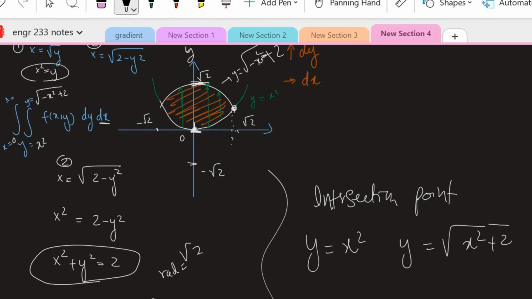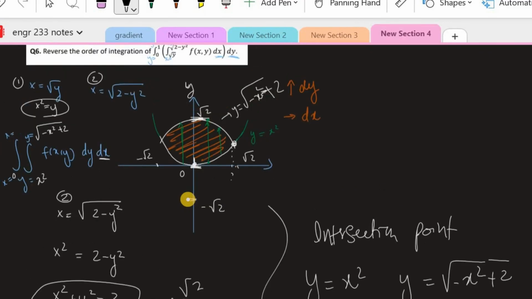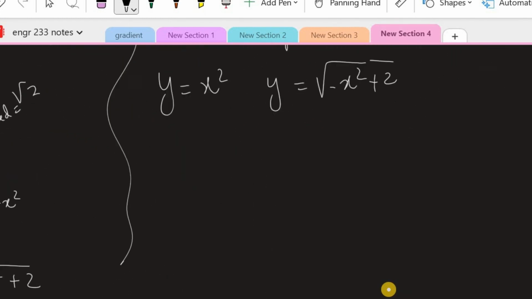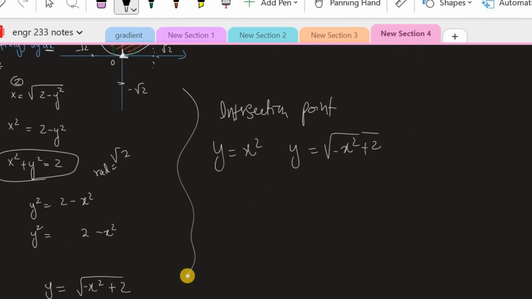Sorry, negative x squared, I forgot. If you want, you can take these two equations as well, but I prefer taking y equals. Now, in order to find the point of intersection, we are going to make these equations equal to each other.